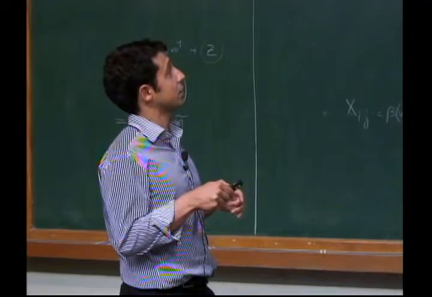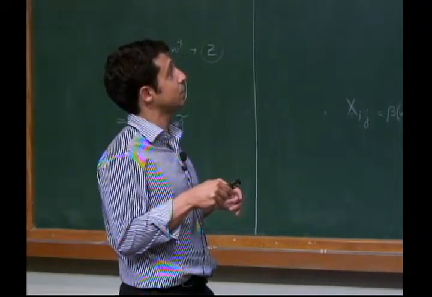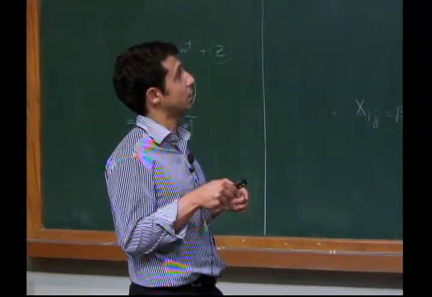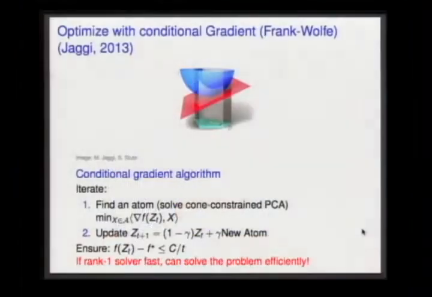The algorithm is iterative, and at each step takes a convex combination of the last element with a new atom that is built by taking the vector that is the closest possible to minus the gradient.